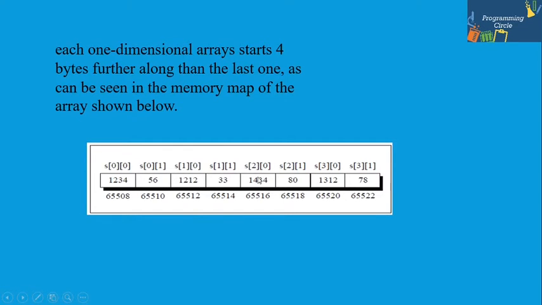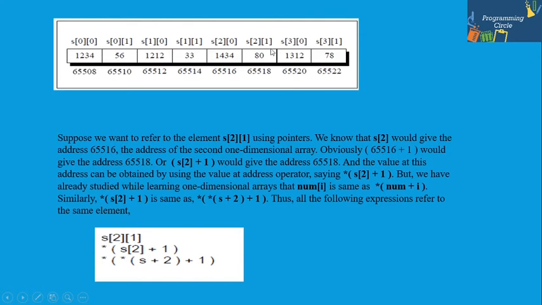So for the second row, zeroth column, the address is 65516, the address of the second one-dimensional array. This is the second one-dimensional array, obviously. So obviously 65516 plus 1 would give us the address 65518, which is this one.